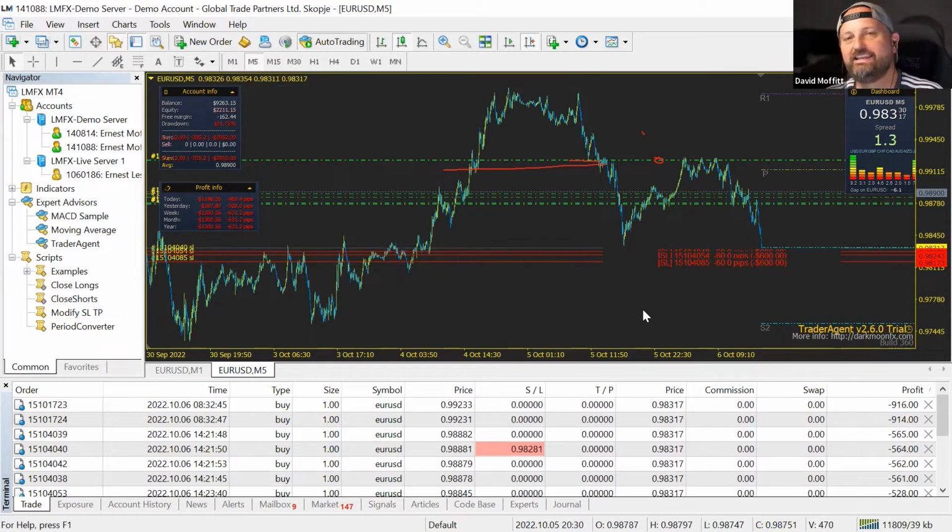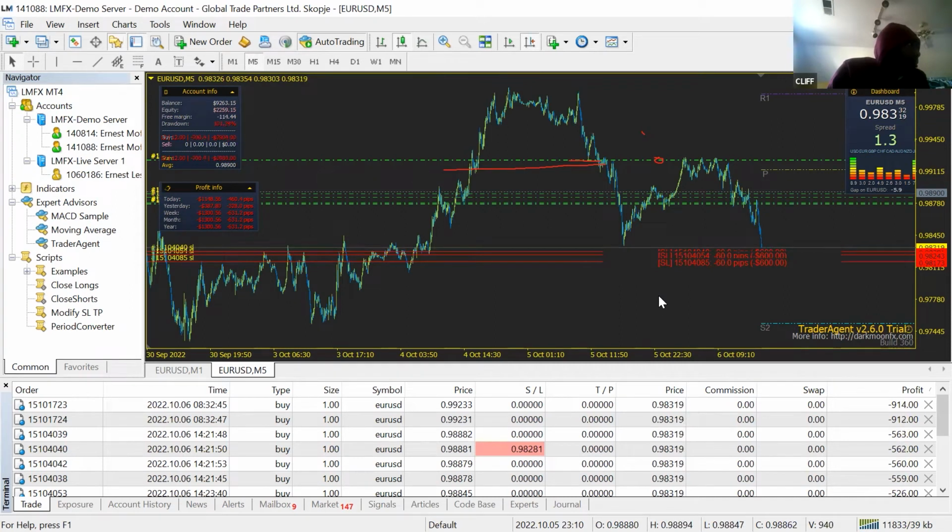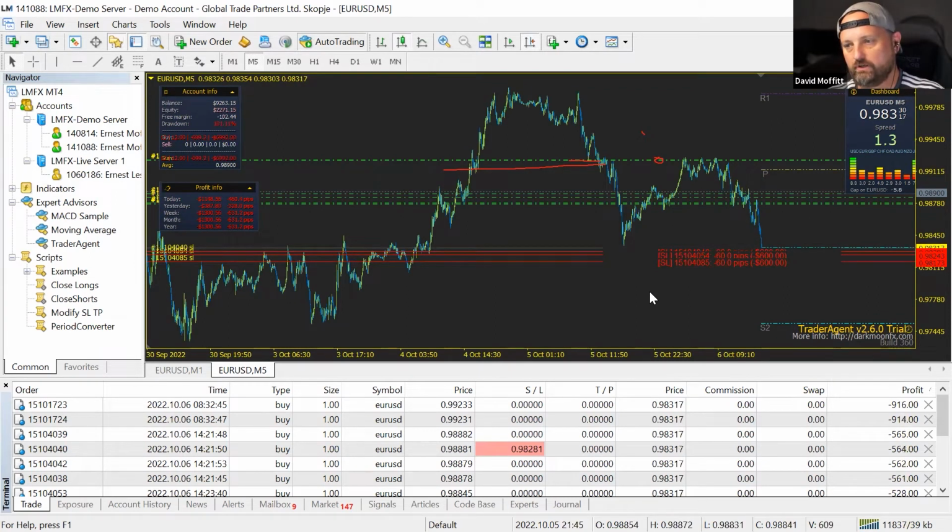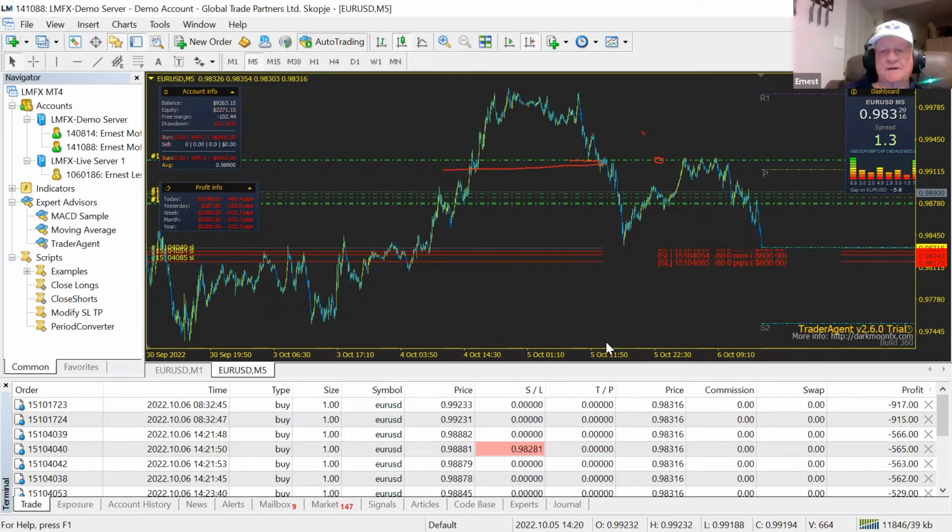Exactly. And it's because you're learning. And that's exactly why I have you in a demo account right now, is because you're learning, right? But if you trade a live account, I'm really, really nervous for you to be trading that without me. Does that make sense? Well, there's no way.